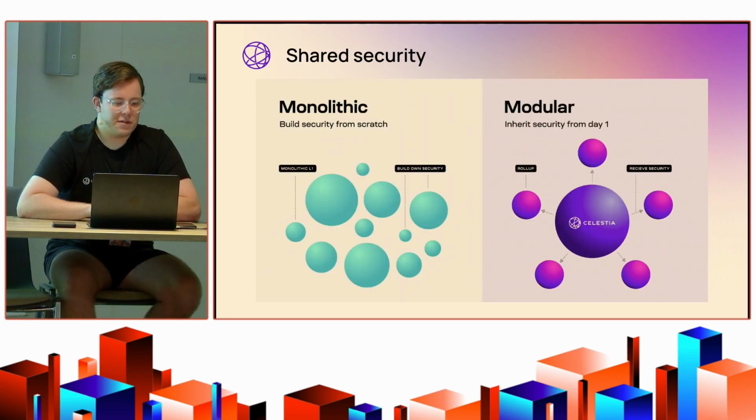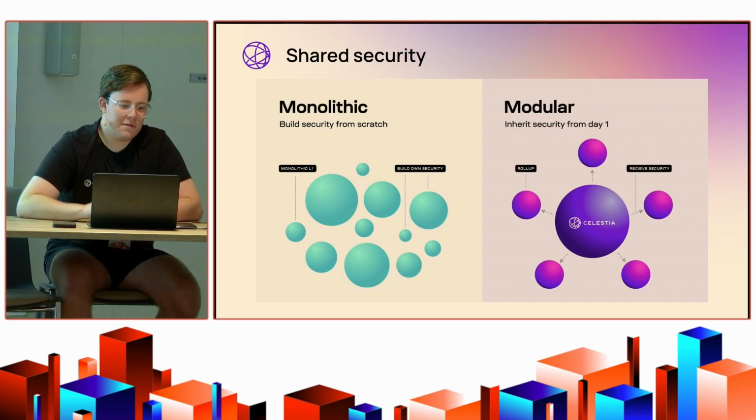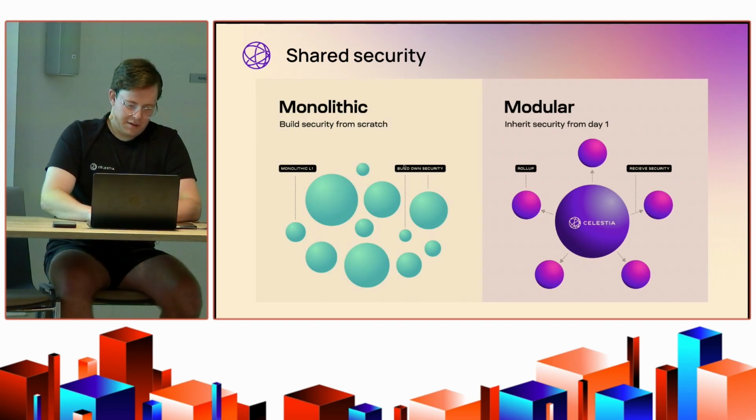So diving into shared security a little bit more, we have the monolithic. We can think of the left side even as like the Cosmos vision almost, where each of these is their own Cosmos chain. Maybe this is Ethereum over here.